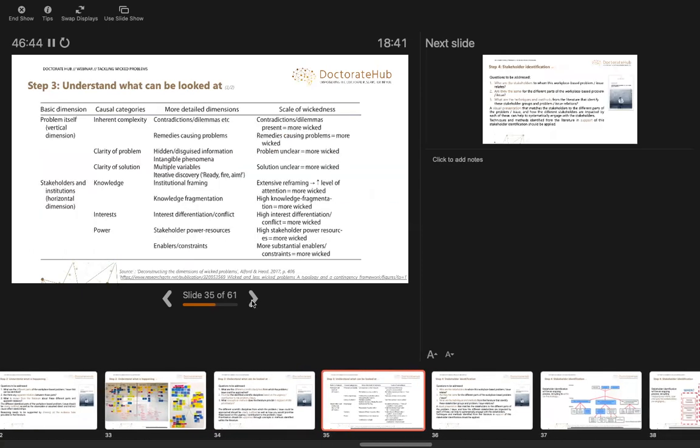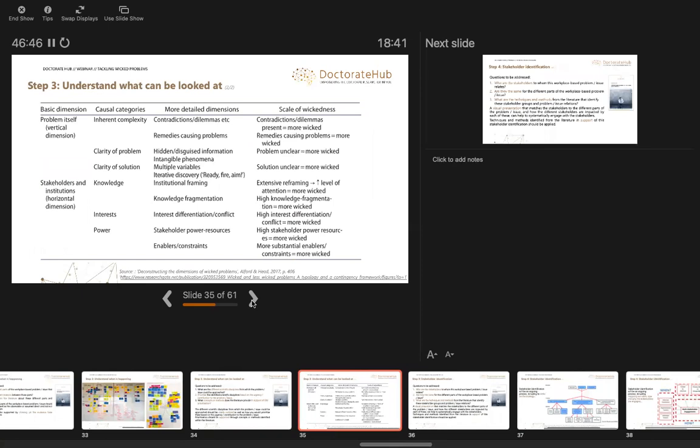And there are a lot of guides out there that can help you in doing so, like this guide here, which is providing you with a nice matrix on how to look into that, following from basic dimensions, causal categories, more detailed dimensions, and the scale of weaknesses. So this can be slowly brought out.